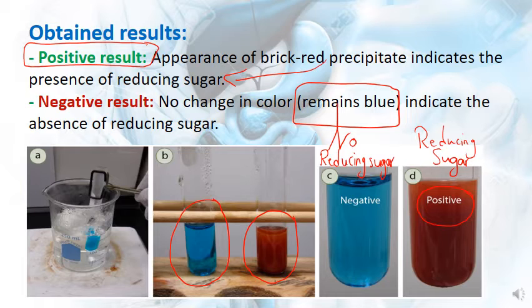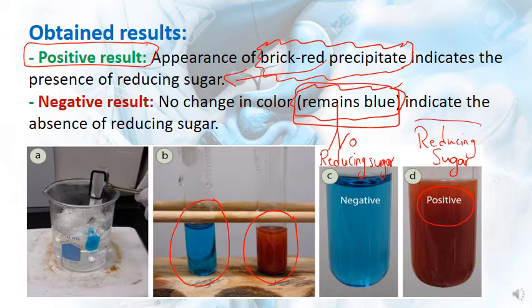Then step 3, we heat the test tube gently over the Bunsen burner, which is the source of heat. If it's a positive result, we have a brick red precipitate, meaning that we have reducing sugar. If there is no reducing sugar, it's a negative result and the color remains blue.